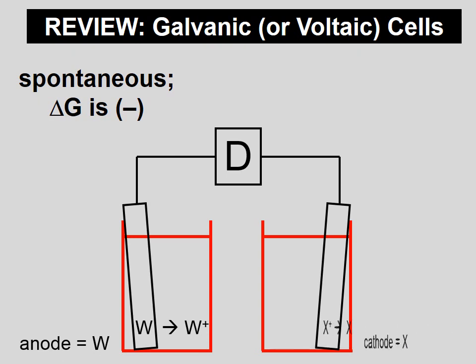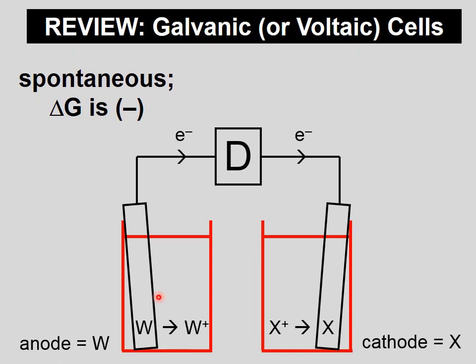In the other half cell, we have the reduction reaction, with the electrode being called the cathode. And what happens in the reduction half cell is that ions from the solution gain electrons that are coming from the anode and plate out as solid metal onto the cathode.